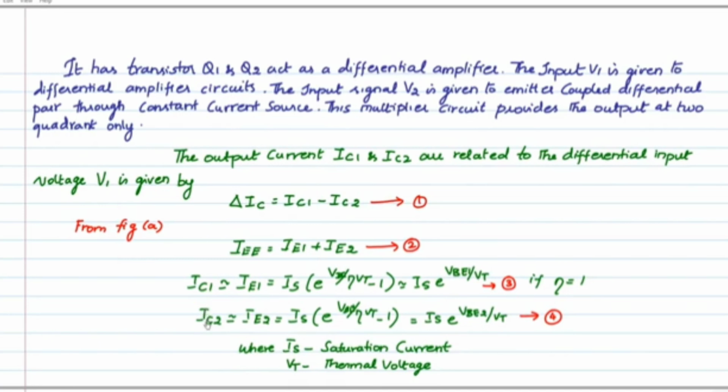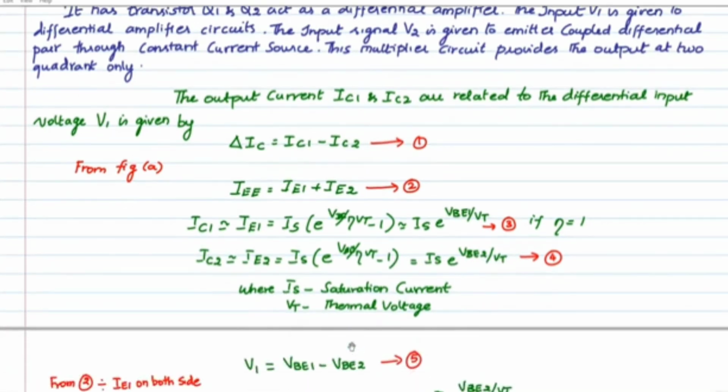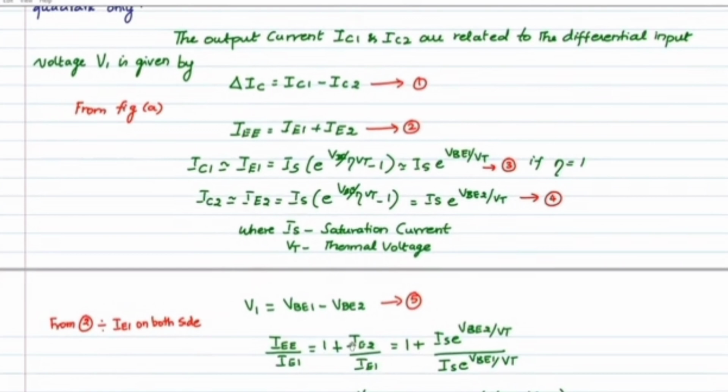This I can approximate to IS into e power VBE1 divided by VT, if I take eta equal to 1 for a silicon transistor. In a similar way, I can write IC2 that is equal to IE2, that is equal to IS into e power VBE2 divided by eta into VT, minus 1. If eta is equal to 1, I can write IS into e power VBE2 divided by VT. Here IS is nothing but the saturation current and VT is the thermal voltage that is equal to KT by Q.